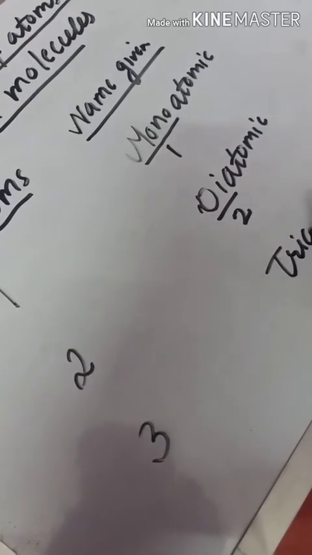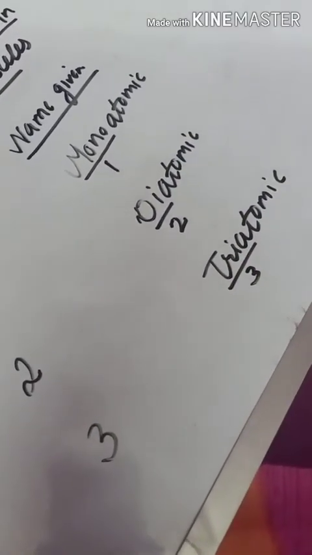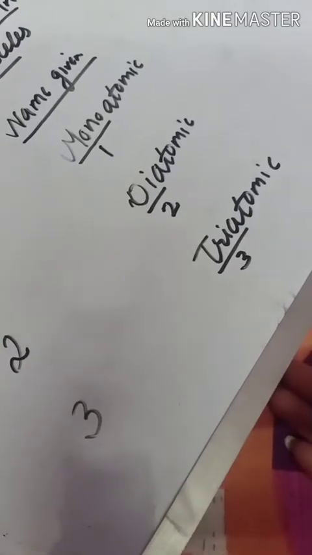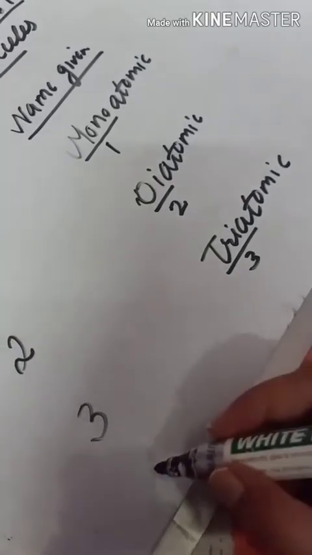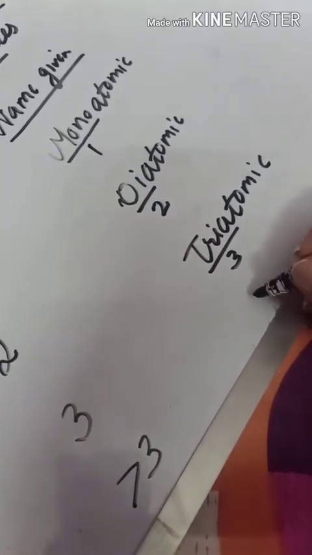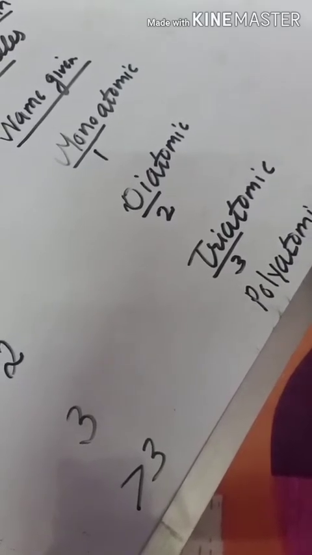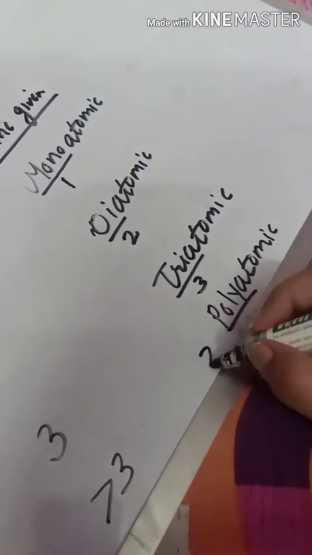If the number of atoms in a given molecule is 3, then the name given will be triatomic, where tri means 3. And if the number of atoms in a given molecule is greater than 3, then the name assigned will be polyatomic, where poly means greater than 3.